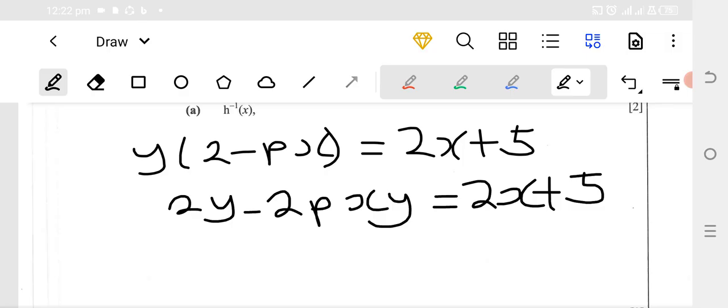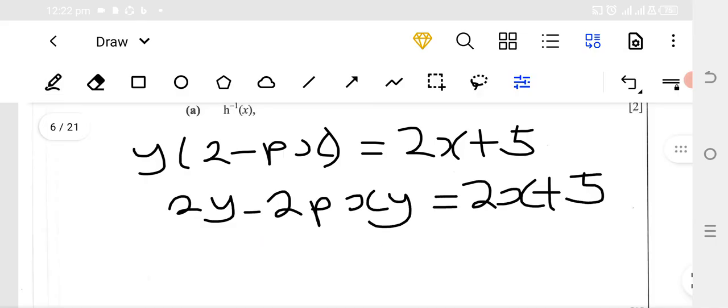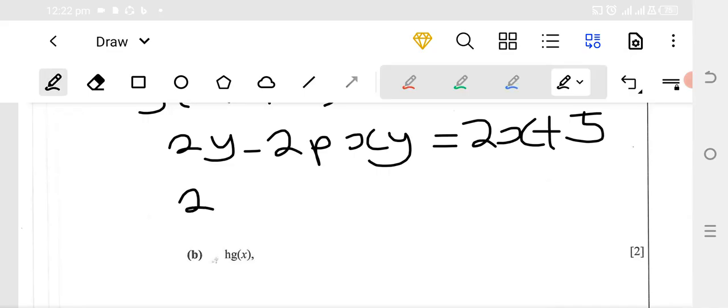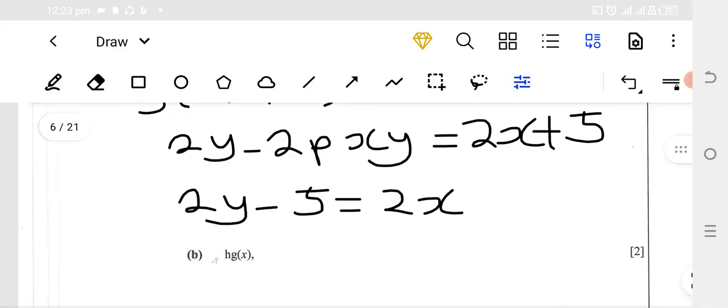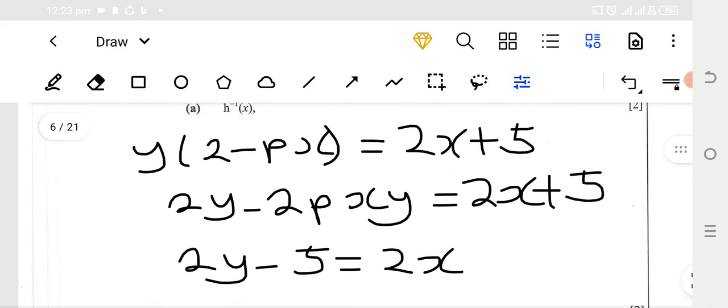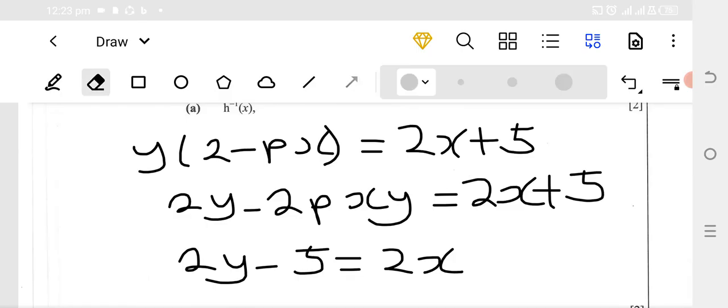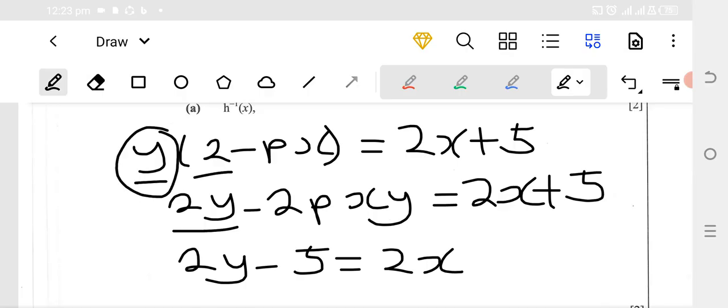To continue, we group everything having x together, so this will go to that side of the equation, and then it will become 2y minus 5 is equal to 2x. I don't know why I did this. Okay, so here it was y multiplied by a 2 to give you 2y, and then again a y multiplied by a negative px.